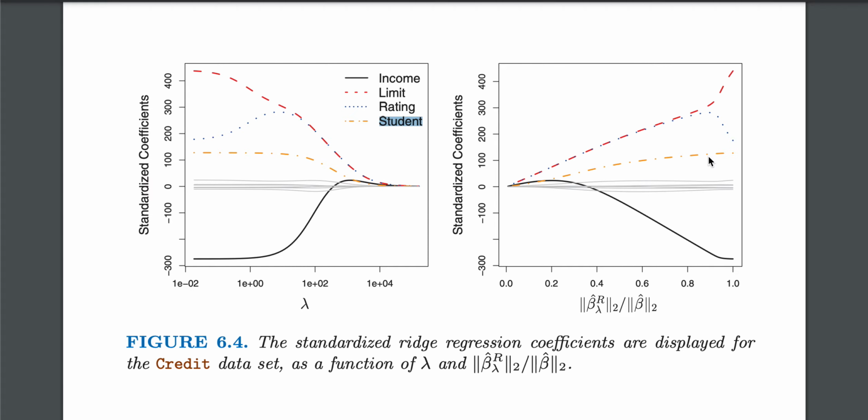But on the horizontal axis, instead of displaying lambda, we have the L2 norm of the ridge estimate divided by the L2 norm of the least square estimate.